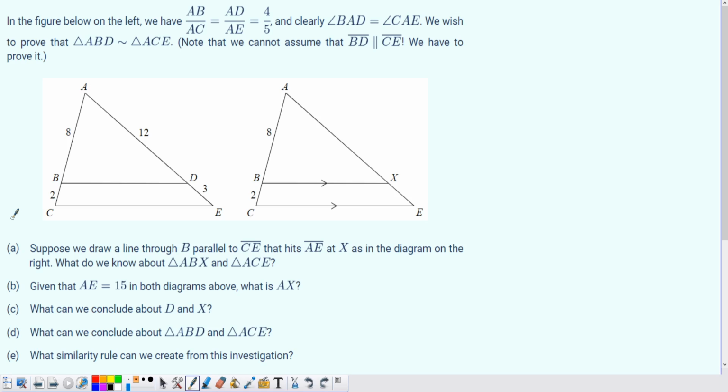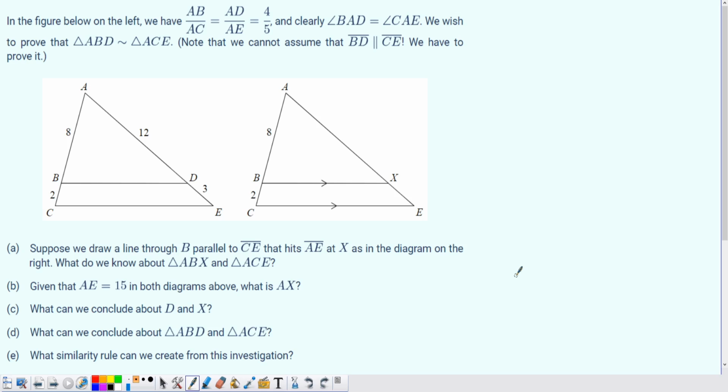However, we can assume that there does exist some point X which, when connected with B, will be parallel with CE. But we don't know what the measures of those sides would be. We do not know if XE is going to have the same measure as DE or not. That's what we're trying to show.